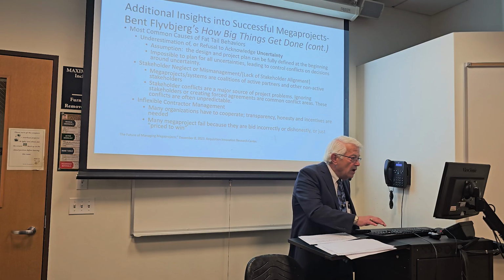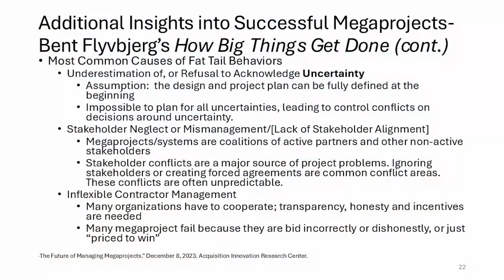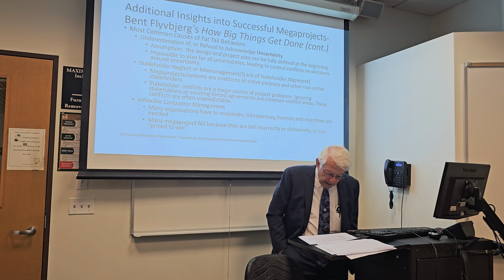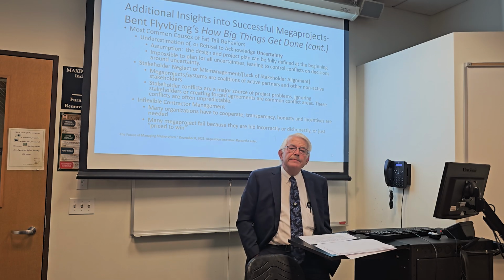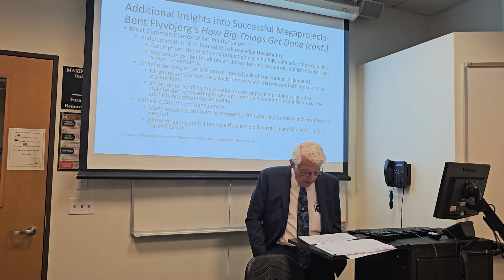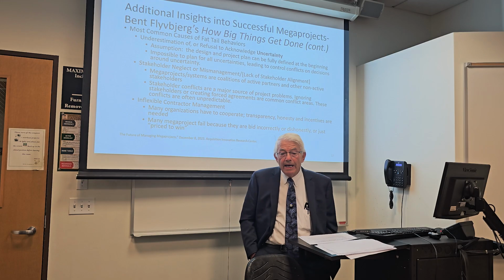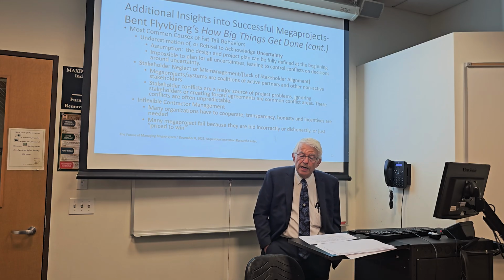And so another author had come up with some examples of what are some causes for fat-tail behaviors. First is underestimation or refusal to acknowledge properly uncertainty. So you have more uncertainty in mega projects than you do in regular projects, and how we deal with that is critically important. The second item is stakeholder neglect, mismanagement, or what I like to call lack of stakeholder alignment.